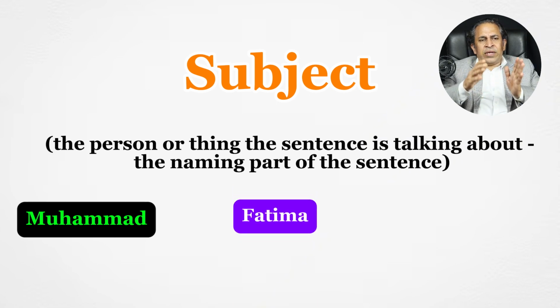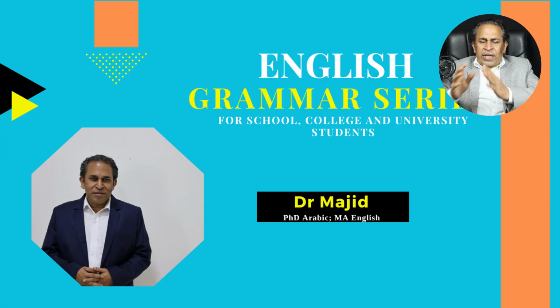And Fatima is the naming part. It is called the subject of the sentence. Dubai is the naming part. It is called the subject of the sentence. Now the other section, where you are saying something about Muhammad, is a good boy.